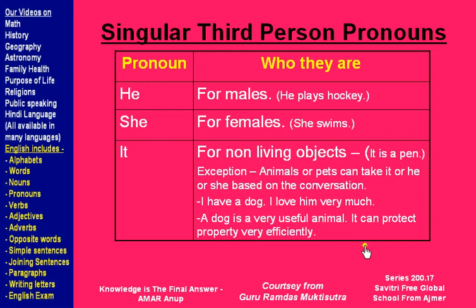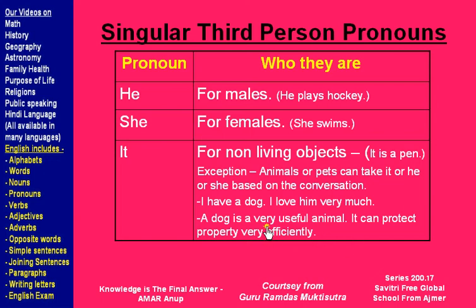For example, I have a dog. I love him very much. So we are talking about the dog as if it is an alive, living human being or living person. In most cases though, we use it.